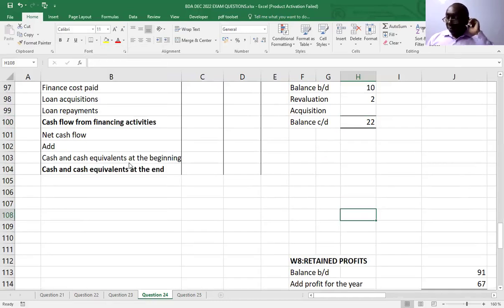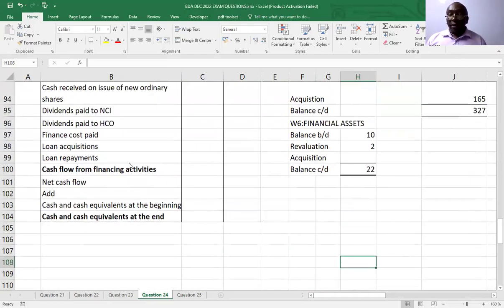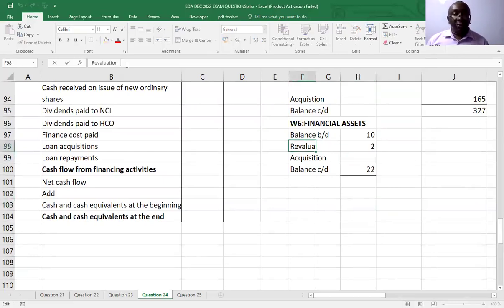Sasa, this one is a revaluation gain. Actually, we need to be very specific. It's a revaluation gain.